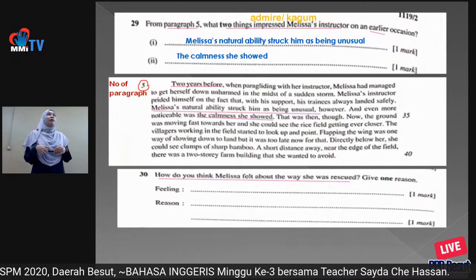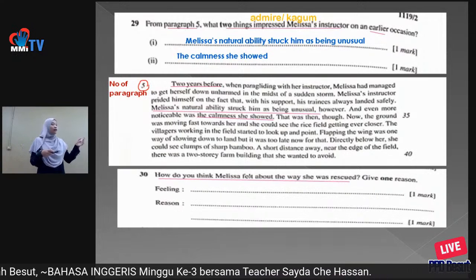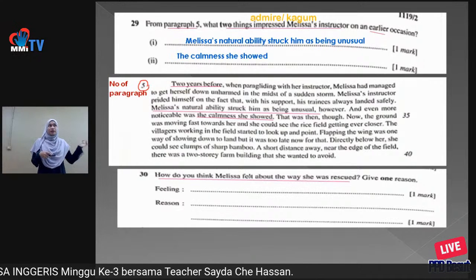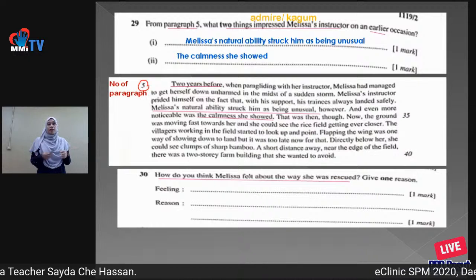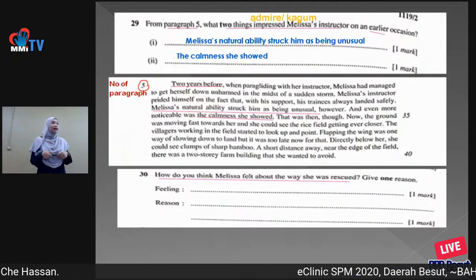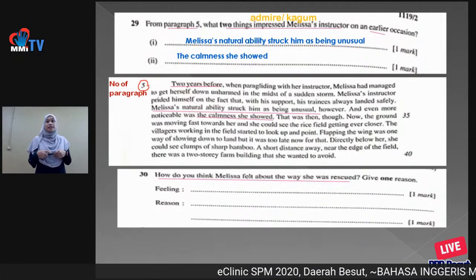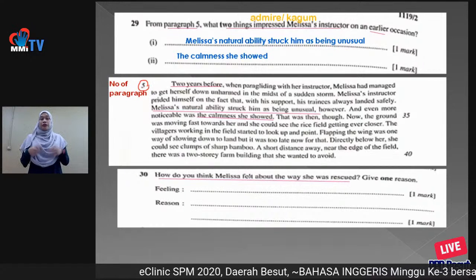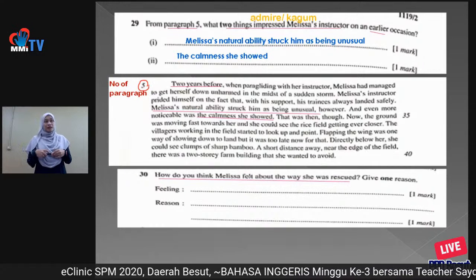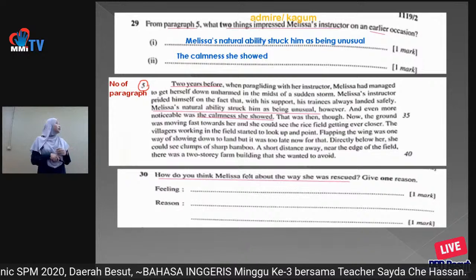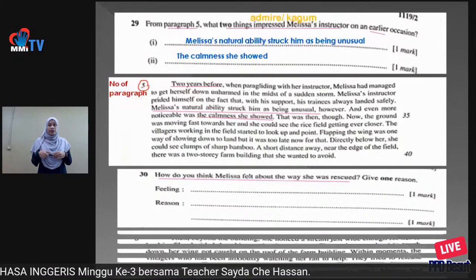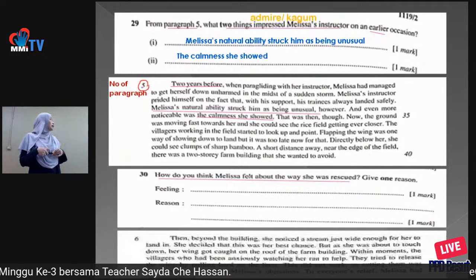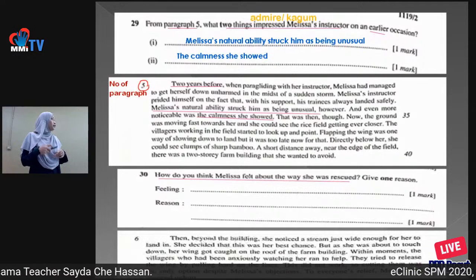Maybe if she died, this story will not come out in your exam lah, sebab we don't know who's Melissa kan. But she is safe during this flying session. That's why she can tell us this story. So she was rescued. How she was rescued? That's why dia tanya, how do you think Melissa felt?